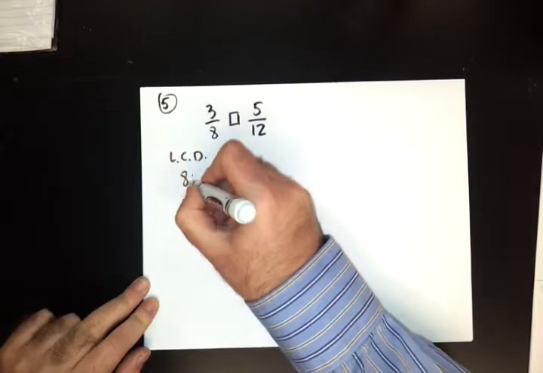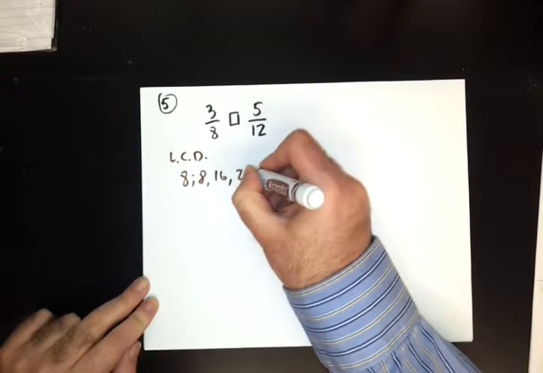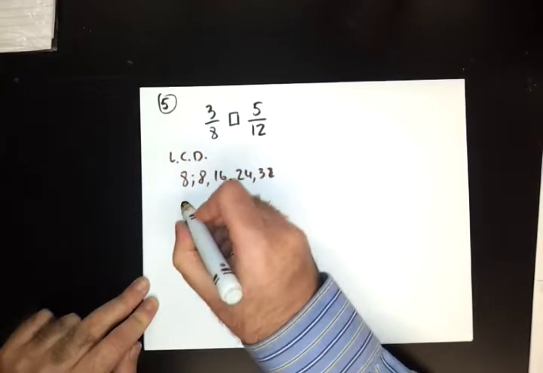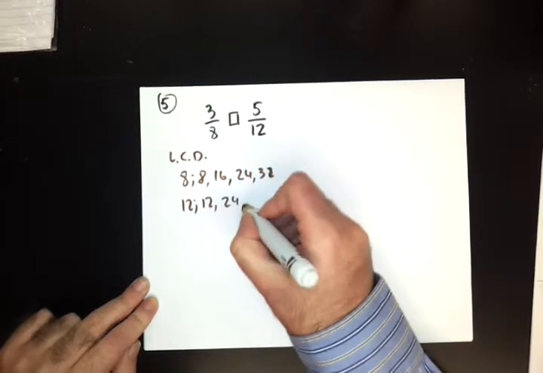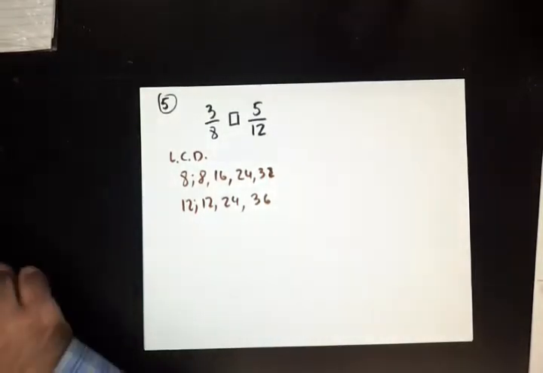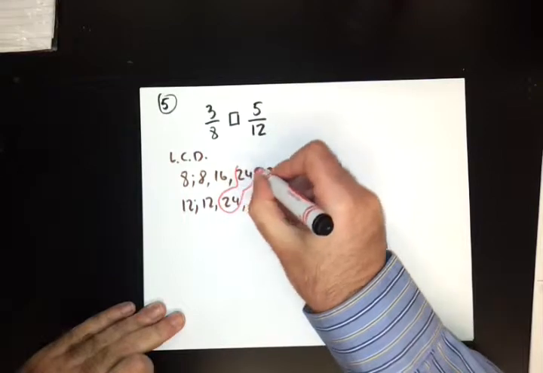So with 8, the multiples are 8, 16, 24, 32. With 12, my multiples are 12 itself, 24, 36, and I've just found my LCD, which is 24.